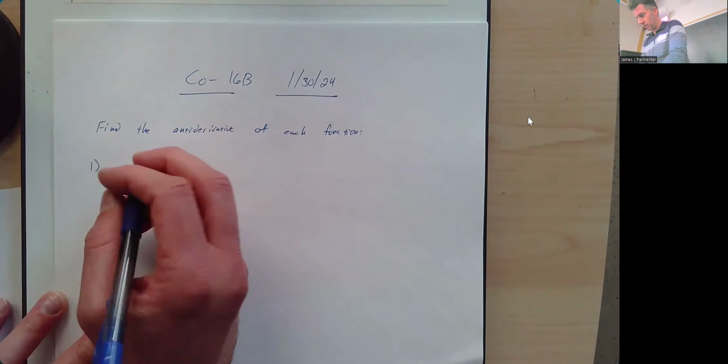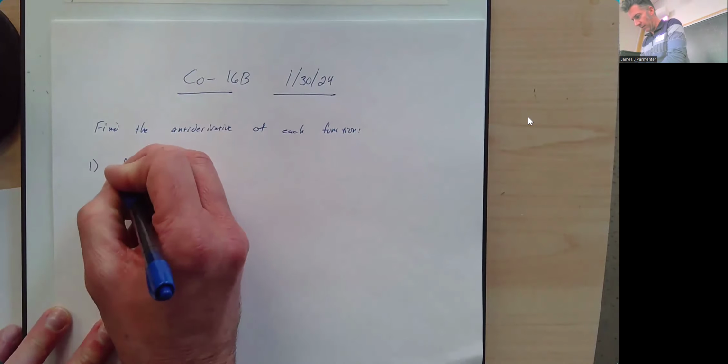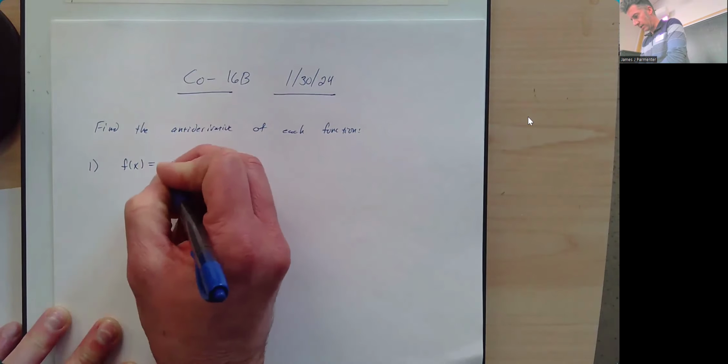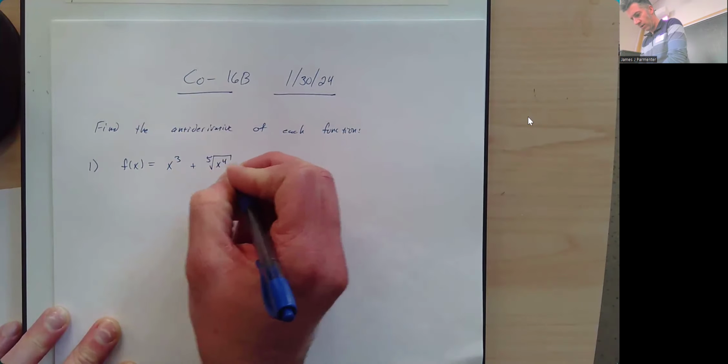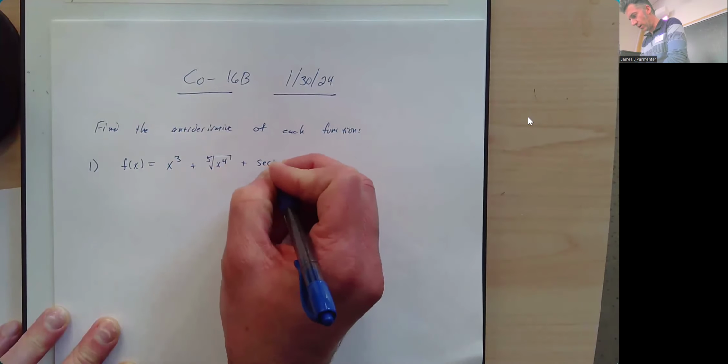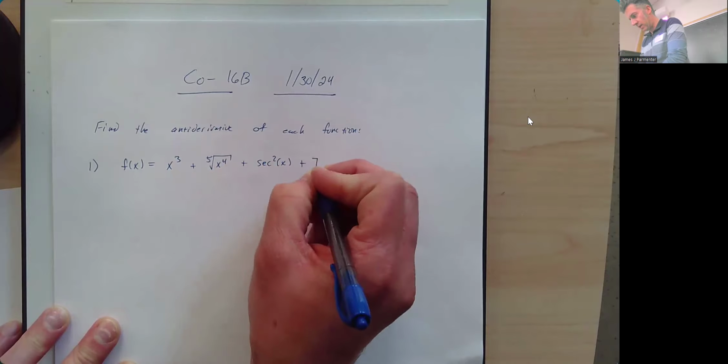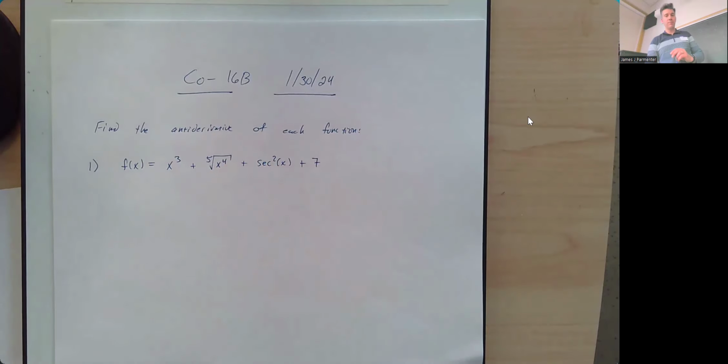So the first one is find the antiderivative of f of x equal to x cubed plus the fifth root of x to the fourth plus secant squared of x plus 7. So typically, it is often in your interest to rewrite things in a way that makes it easier to find their antiderivative.